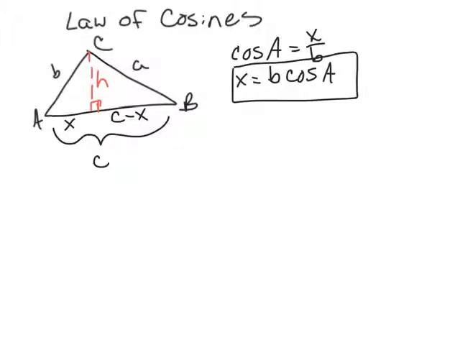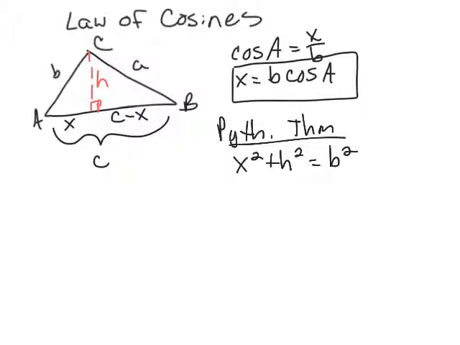All right, so the next thing I want to do is take the same side of the triangle, the x, the h, and the b, because I want an expression in terms of h. So I'm going to use the Pythagorean theorem at this point, since I'm dealing with the three sides. And I'm going to set up that relationship, which means x squared plus h squared is going to be equal to b squared.